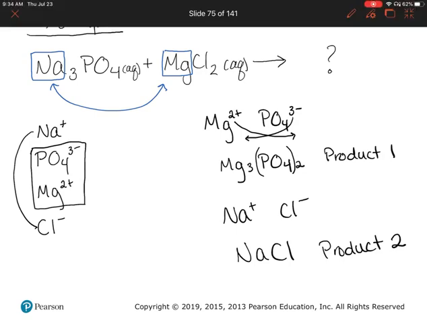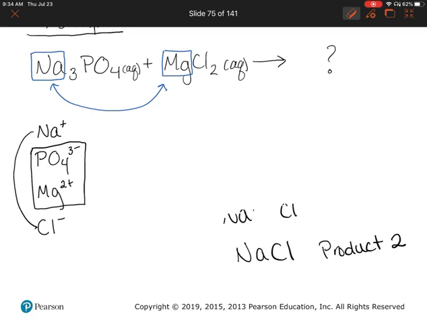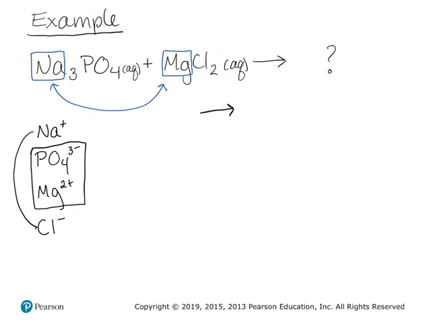Okay, so I'm going to rewrite this. Okay, so our products are Mg3(PO4)2 plus NaCl. Now we need to figure out which product, if any, is a solid.